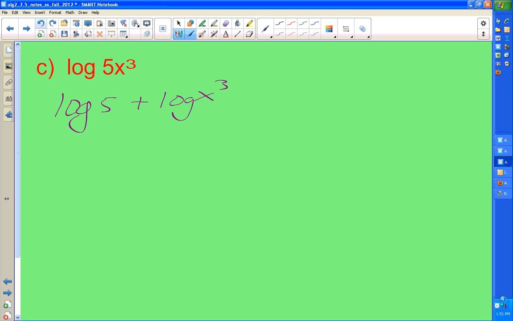Same with quotients. You do the quotients first, then products, then powers. What do we do with that 3? Put it in front of log. So common log of 5 plus 3 common log of x. That's as far as you can go.